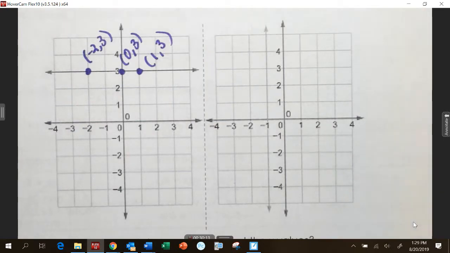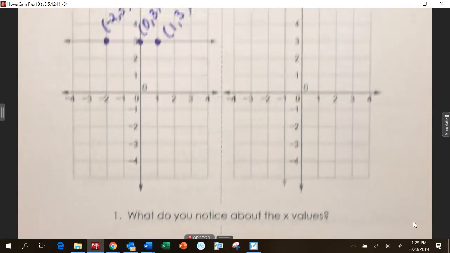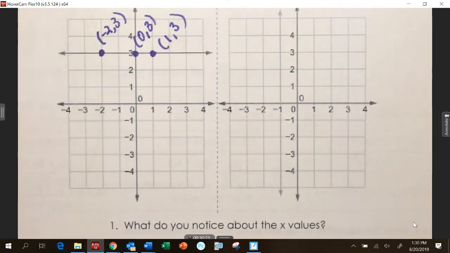Number 1. On the left side. See how it's divided? On the left side, number 1, what do you notice about the x values? The x values are all different. Okay.